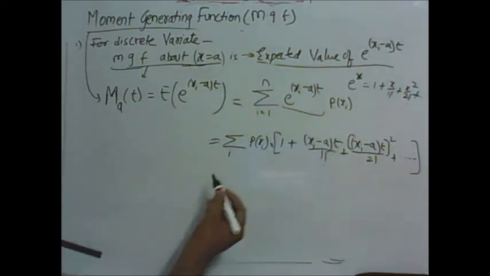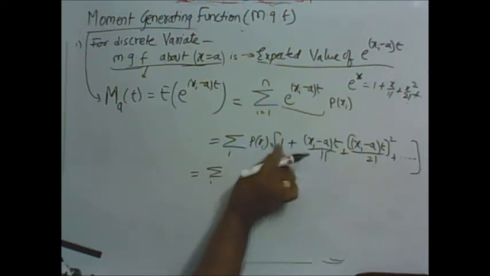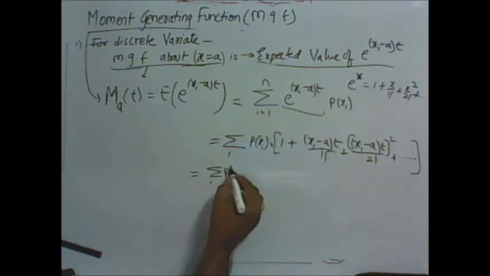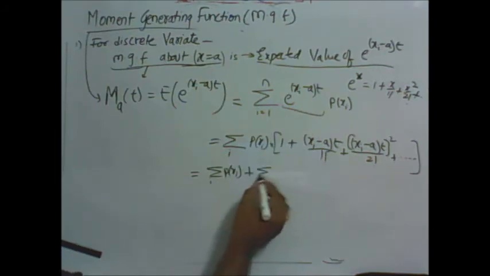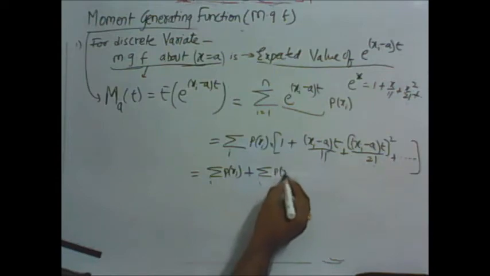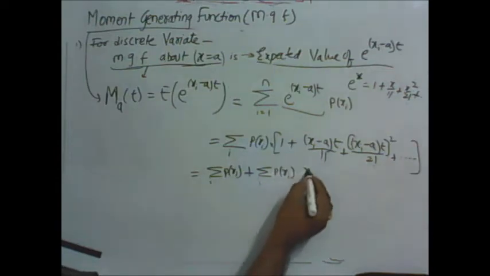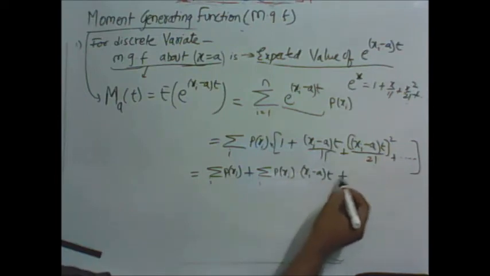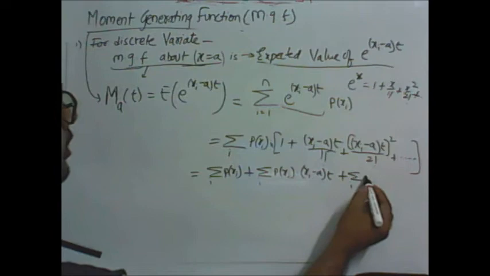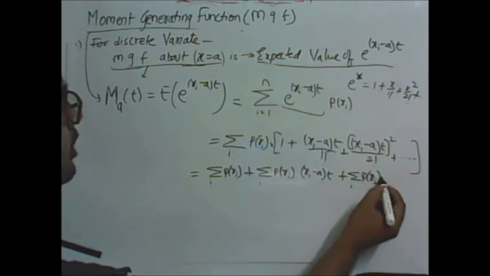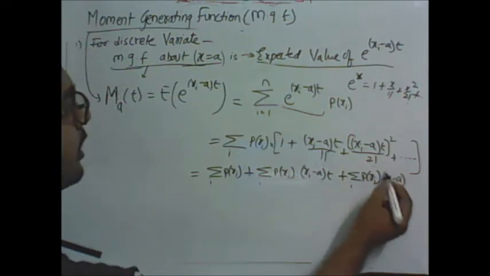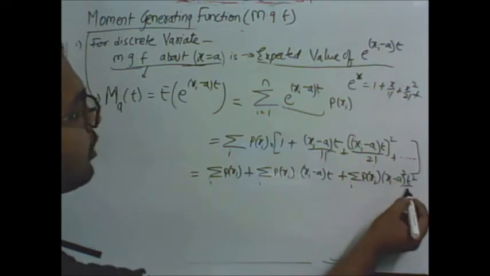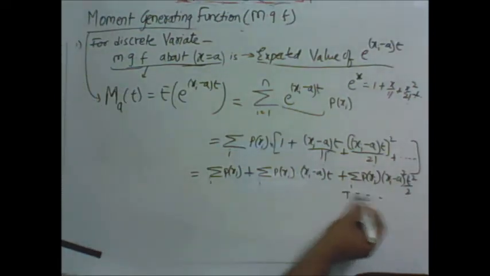Now from that again we will get sigma i p of xi, we will separate the total thing, plus sigma i p of xi into xi minus a into t, plus sigma i p of xi into xi minus a whole square into t square by 2, plus so on.